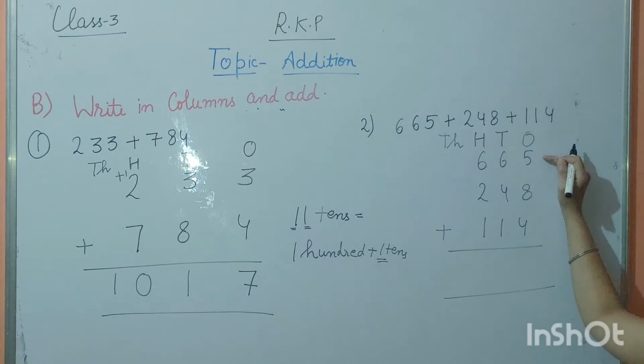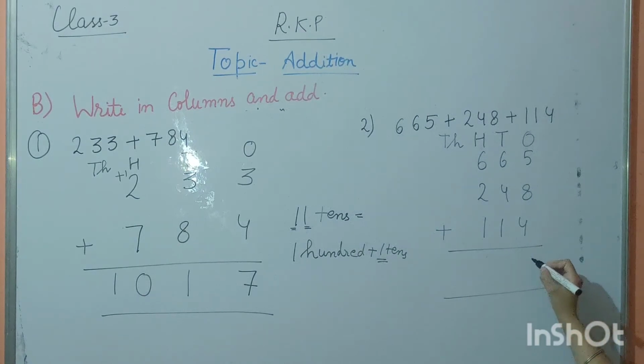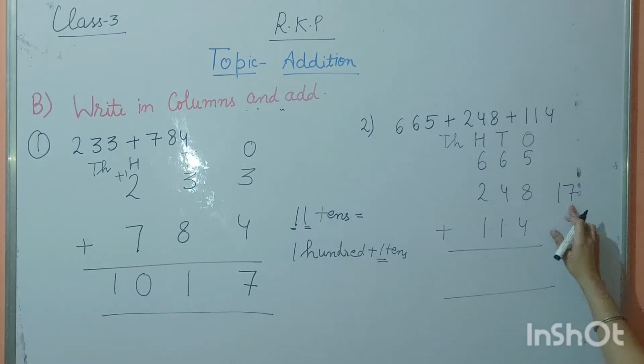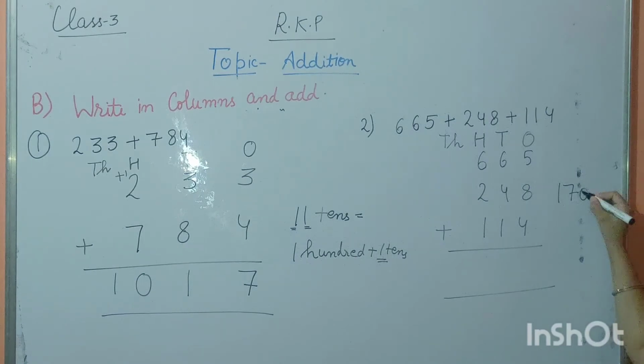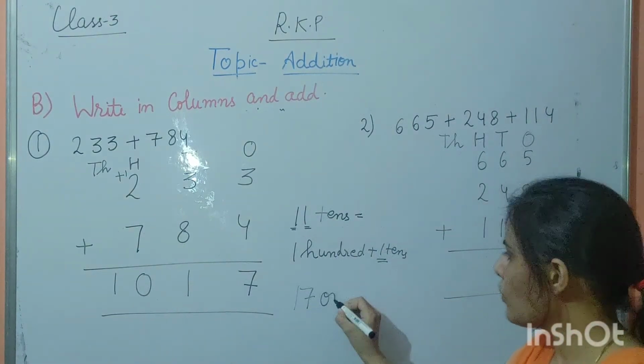Now start addition from the ones place and add the first two numbers. 8 plus 5 is 13, 13 plus 4 is 17. This is 17, right? This is a two-digit number and you have to regroup it. 17 ones.